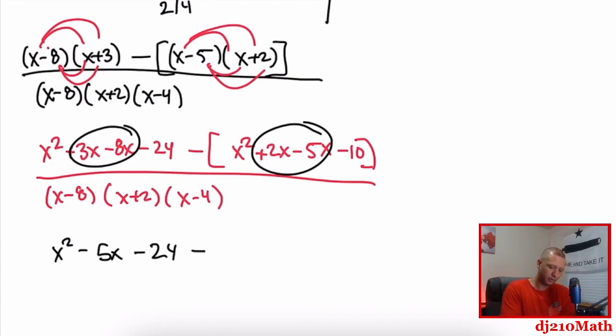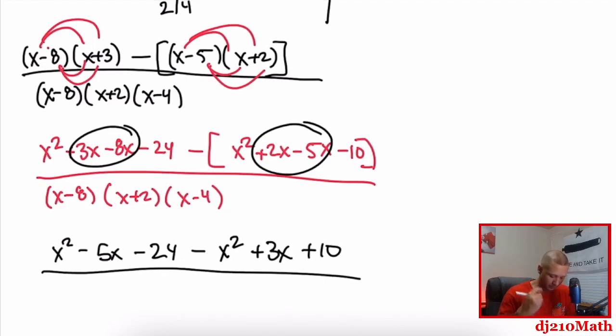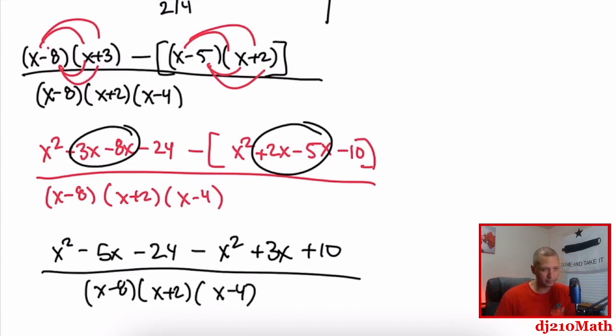Okay, so do we want to distribute the negative now? So this is going to be negative 3x, but then you distribute the negative, makes it positive 3x. And then positive 10. Writing the bottom does get annoying for sure.